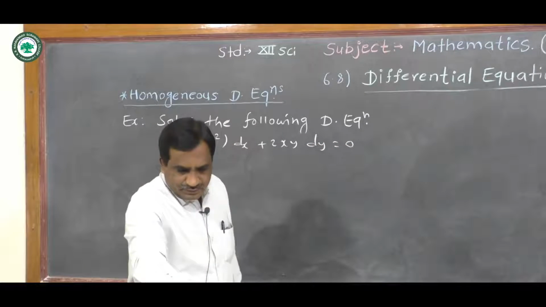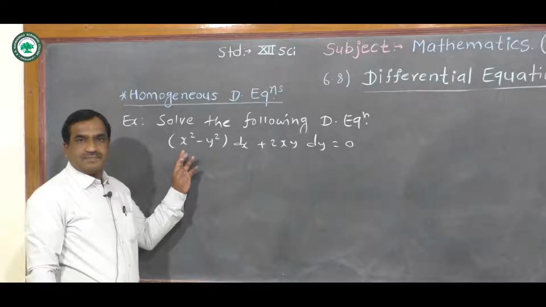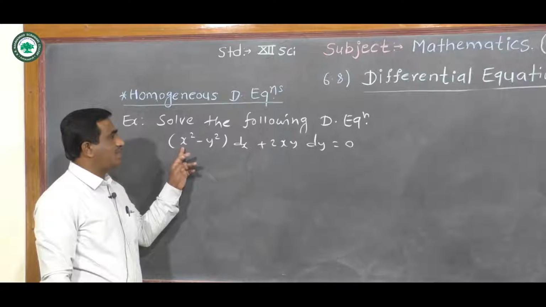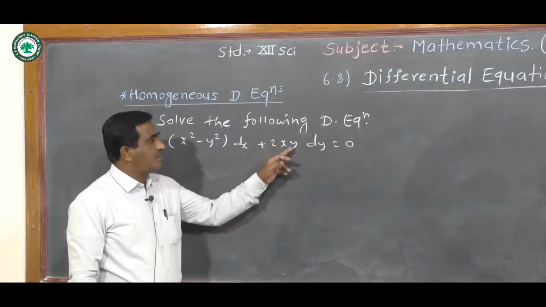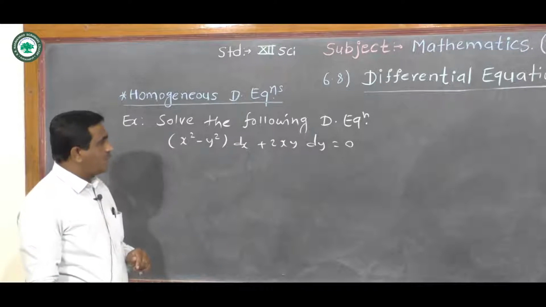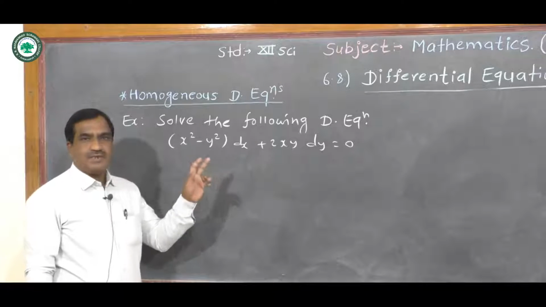Okay, this is the given homogeneous differential equation. Here in each term the sum of the indices is 2: x raised to 2, y raised to 2, here x raised to 1, y raised to 1, that is 1 plus 1, 2. This is the homogeneous differential equation of degree 2.